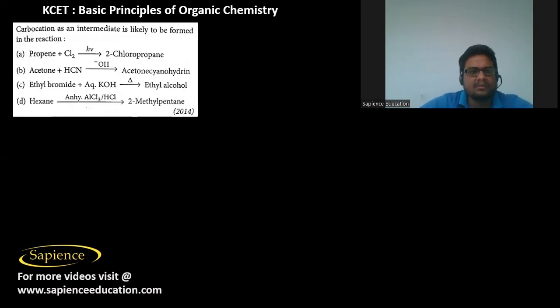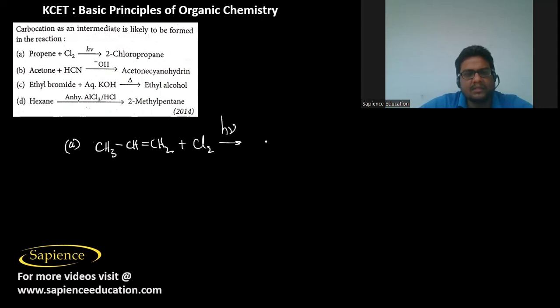Then here it is asked, carbocation as an intermediate is likely to be formed in which of the reactions. In option A, propene, which means CH3, CH, CH2, is reacting with Cl2 in the presence of sunlight, then 2-chloropropane is formed.